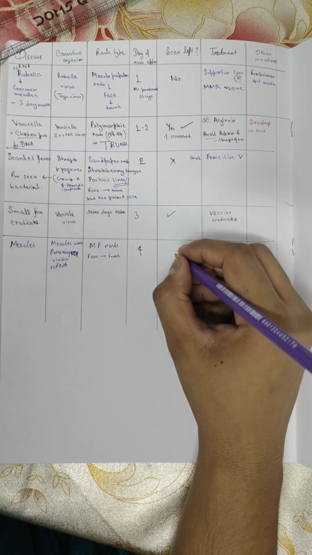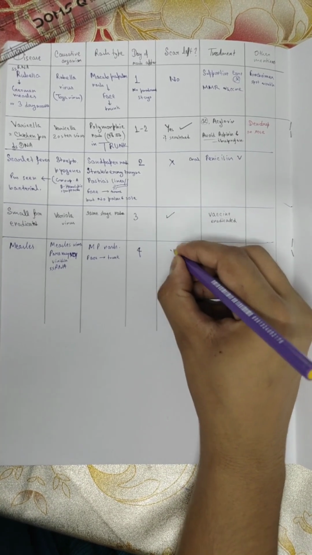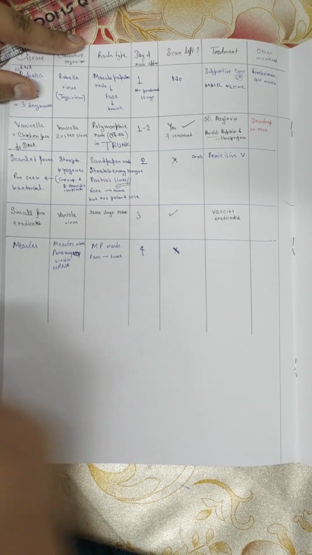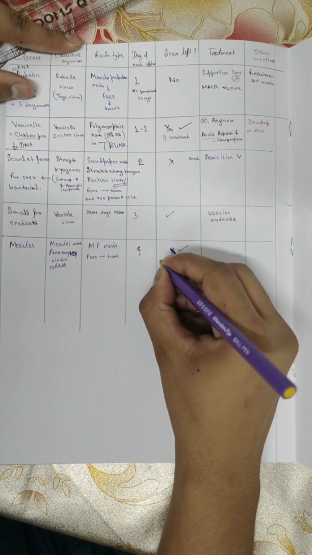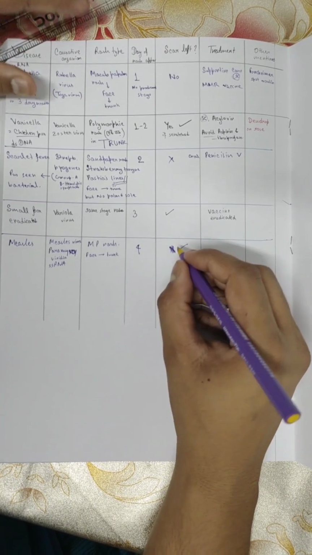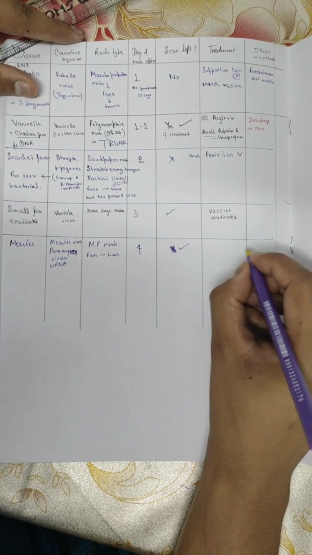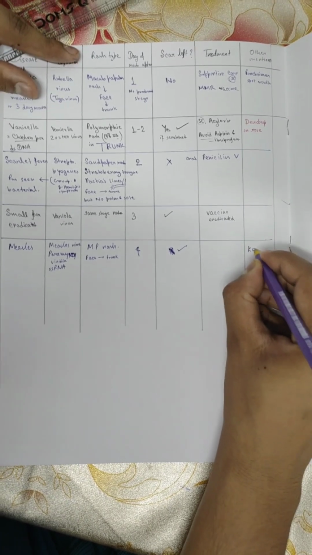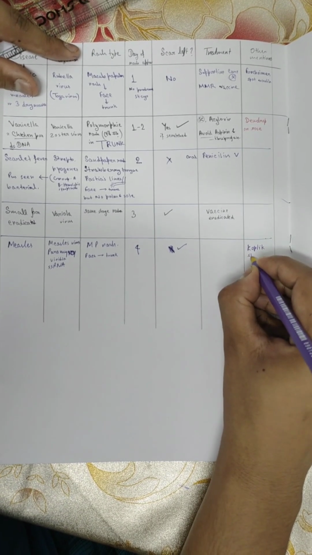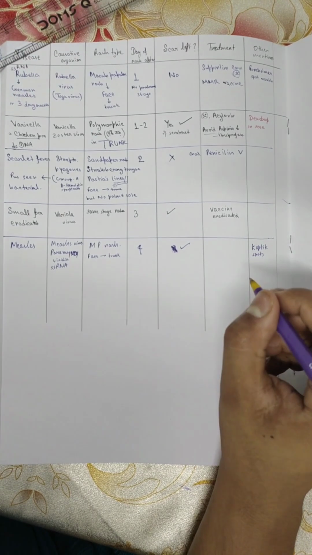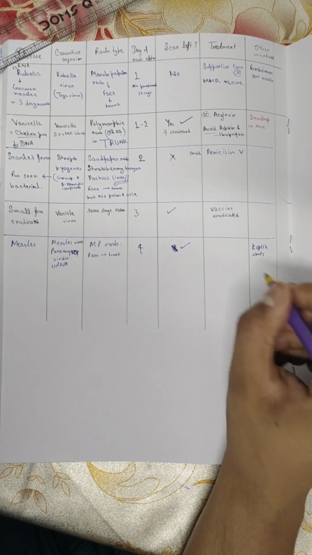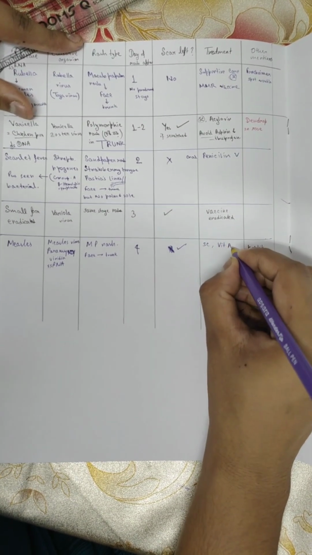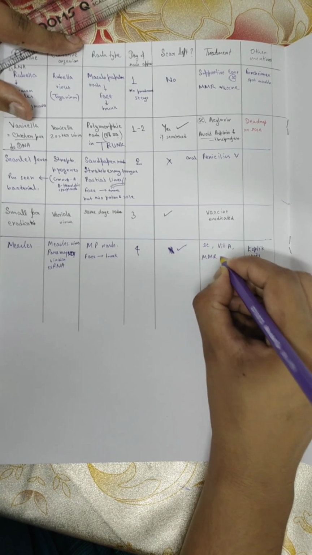Scars left behind, no. Sorry, yes, pigmentation happens, and fever intensifies after the rash. What is the treatment? Koplik spots can be seen, and the treatment is supportive care, vitamin A, and MMR vaccine.